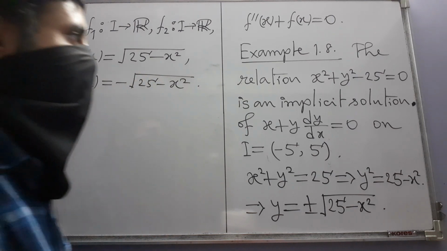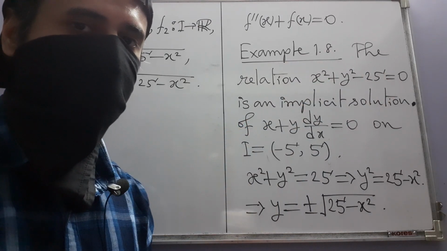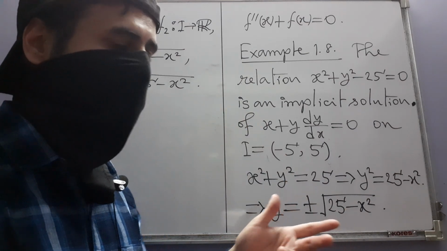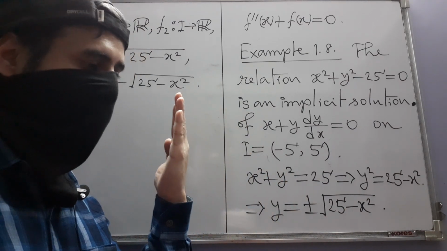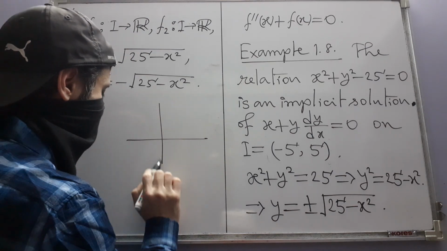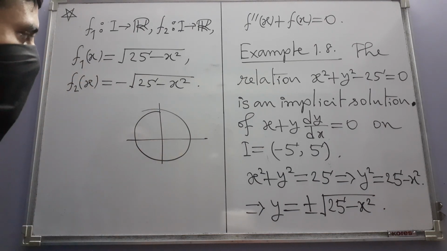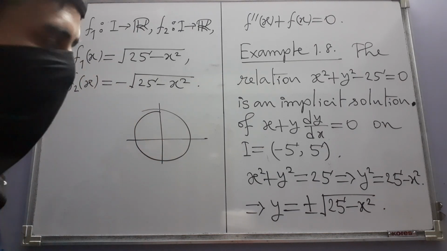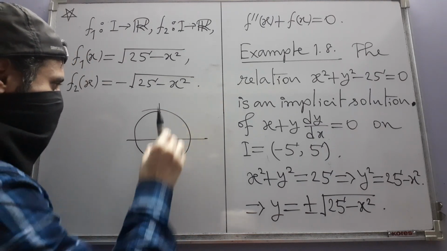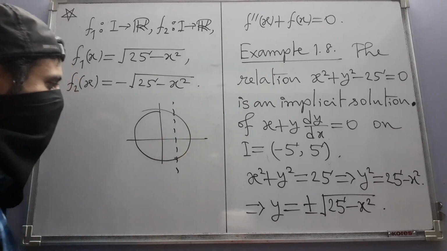Actually, you know what these functions are. You also know how the graph of this equation looks. It is a circle. Now the circle itself cannot be the graph of a single function because it fails the vertical line test. Why? Because if you draw the circle, which of course would be centered at the origin and will have radius 5, then some vertical lines intersect the circle at more than one point.